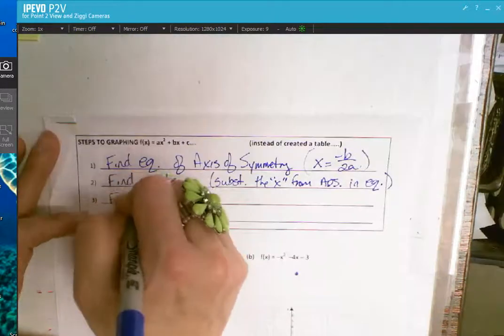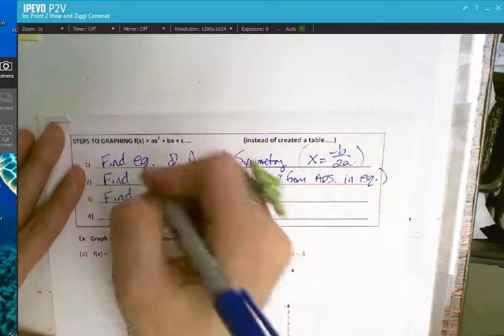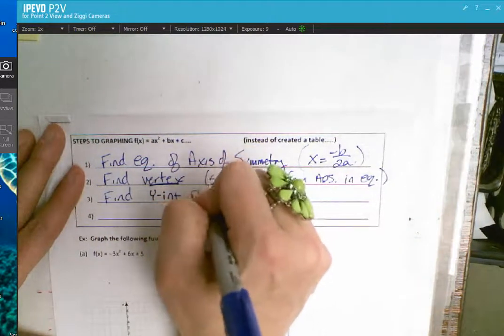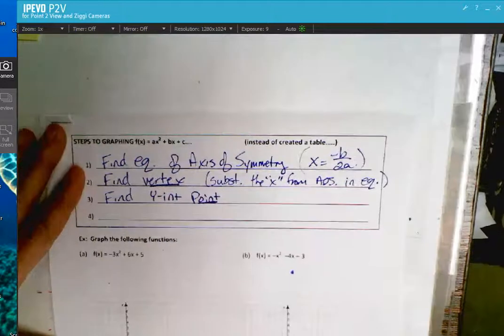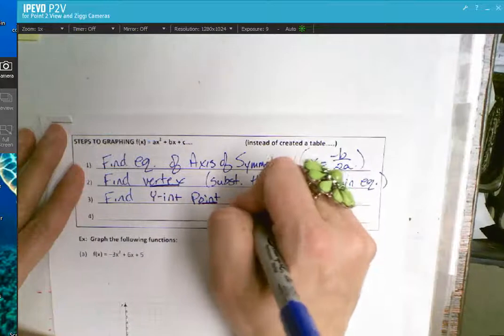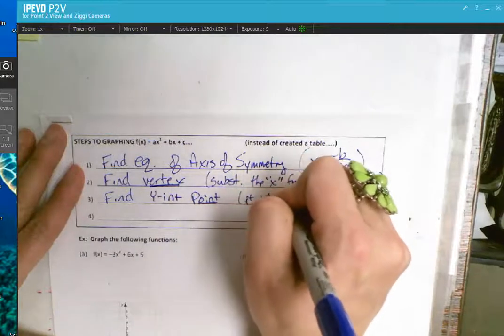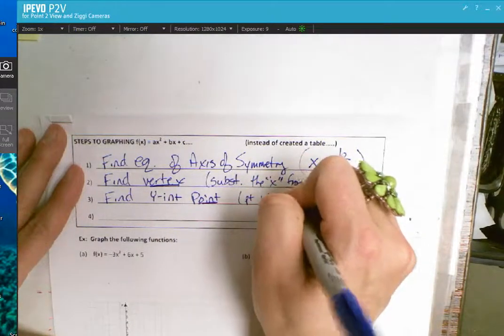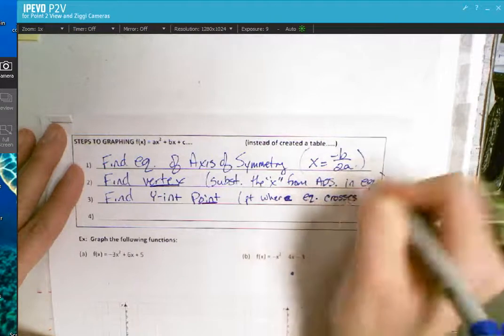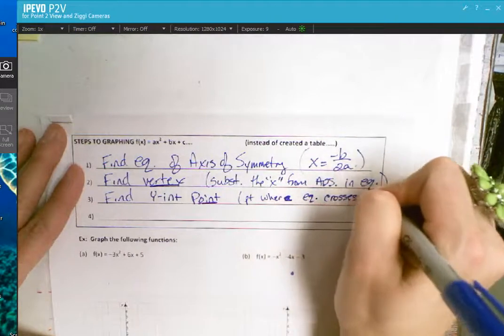The last thing we need to find is the y-intercept. It's a point. We already know how to do this. We know the y-intercept is our constant or our c value. It's the point where the equation crosses the y-axis.